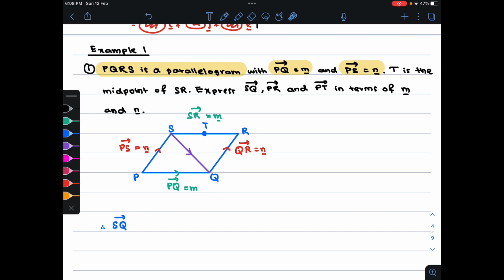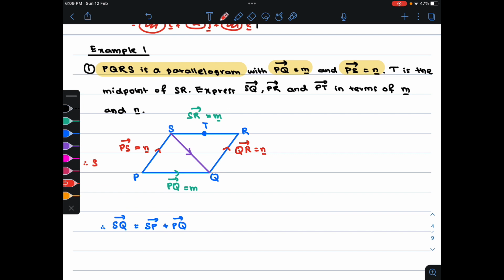Let's say I want to use SP plus PQ. So SQ is vector SP plus vector PQ. As we know, vector PS is n.